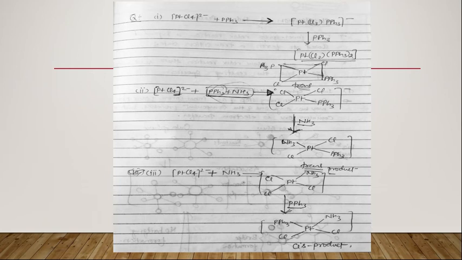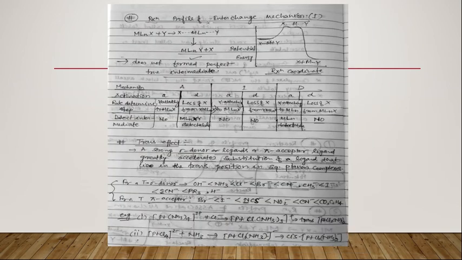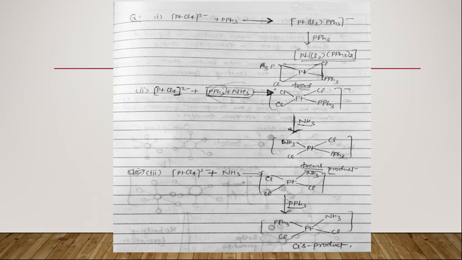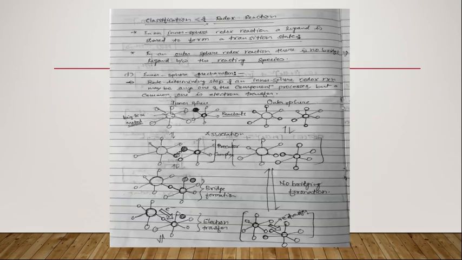It's very important. If you remember the order of the trans effect of ligands, you can solve problems easily. So these are very important examples.